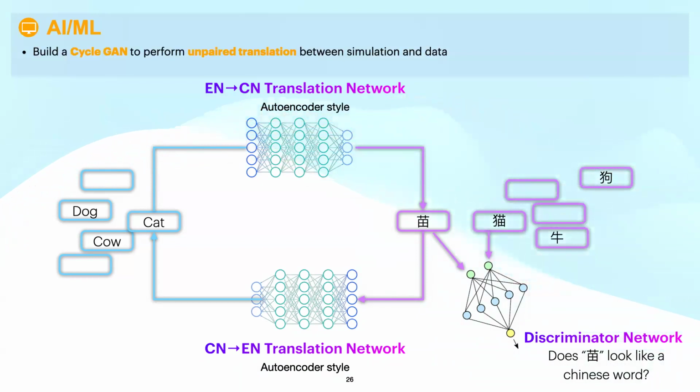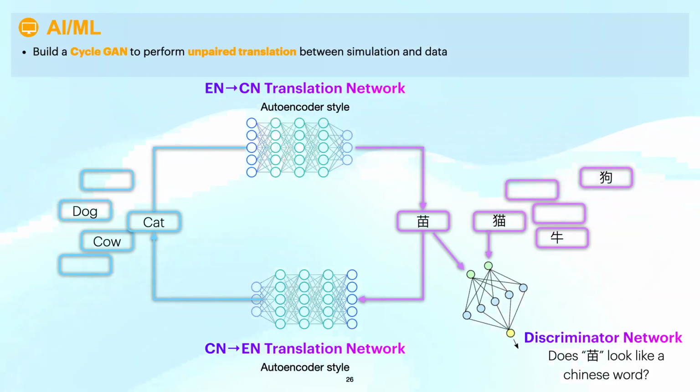Then we have a discriminator network, which tries to tell whether this translated word is real or fake. Does it look like an actual Chinese word, or does it look like something different? This discriminator network does GAN style training with my translation network to make sure that the word I translated is actually similar to an actual Chinese word.